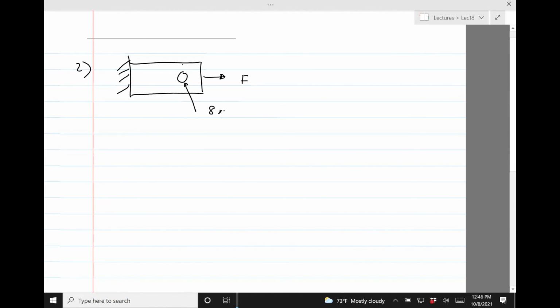I will write this down later on since I'm running out of time. But the calculation is going to be exactly the same as the one I did for this one. The sigma 0 will change because it has the width and the diameter in it. The KT will change, and then your sigma max will also change. So I'll fill this up, but you should try to do it yourself.